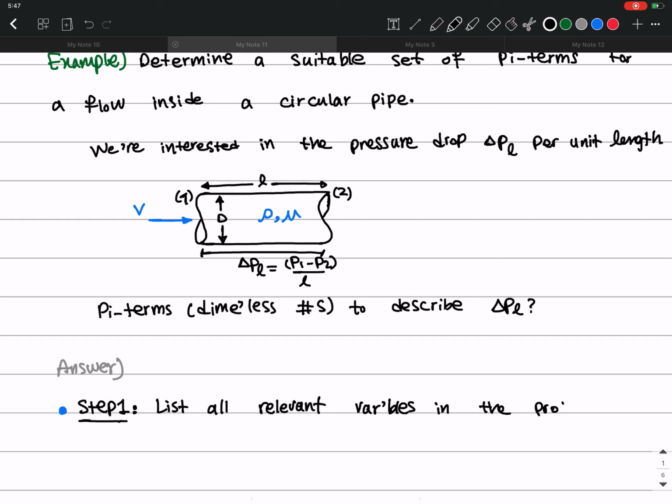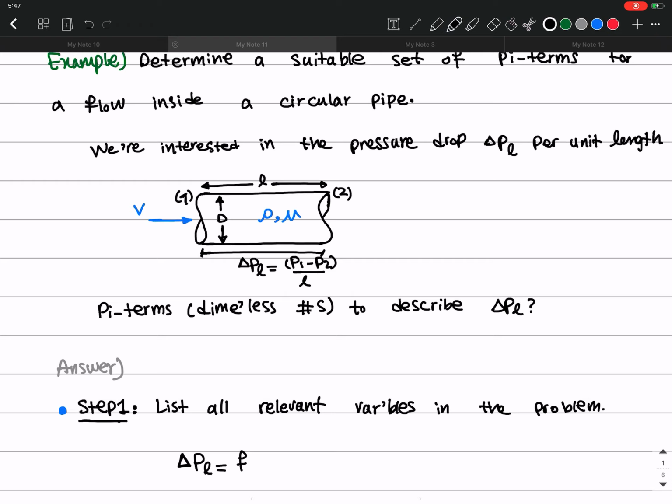Okay, so whatever you think that really might be physically relevant, this is very important because you need to have a very good intuition about the problem and physics, right? So for example, I want to say, okay, what is delta P over L a function of what? What are the important parameters here where you see that?